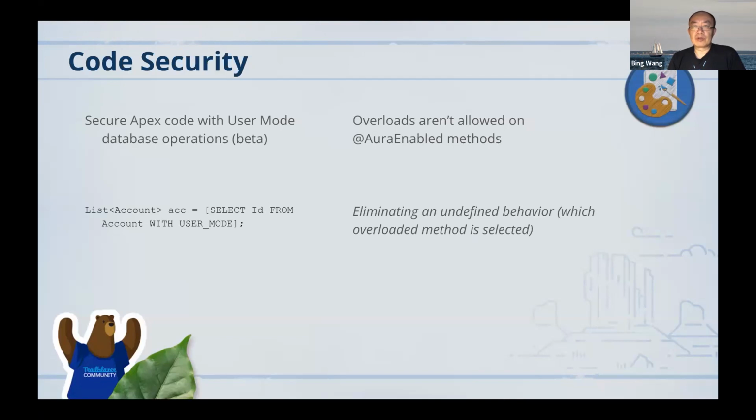You could have overloaded methods, methods with the same name. But because of the way things are marshaled with Lightning components, the system really has no way to tell which one you're trying to call. So I think the default behavior is probably to just get the first method that matches, which may or may not be what you want, and sometimes it actually causes problems.